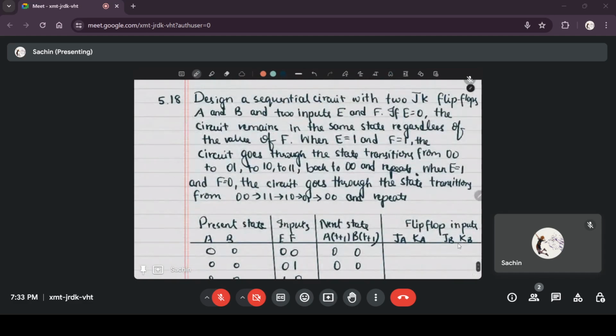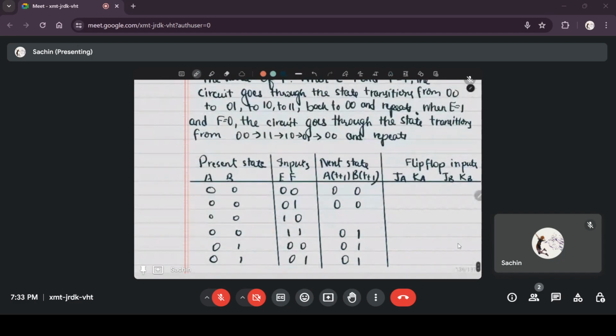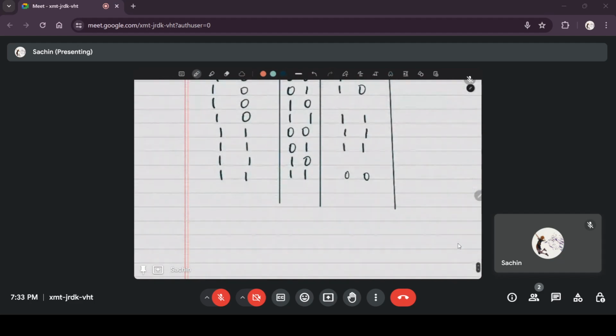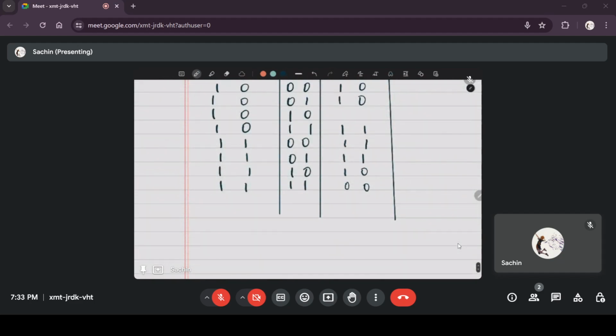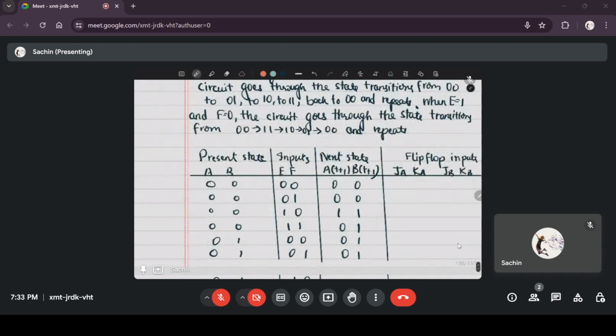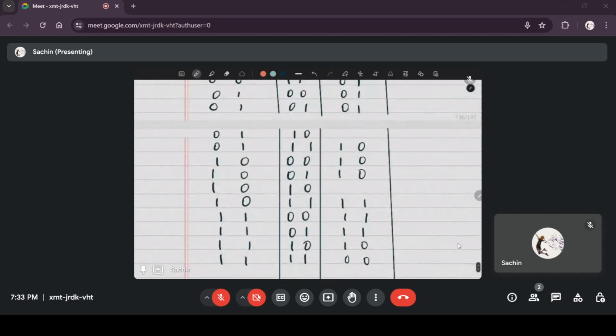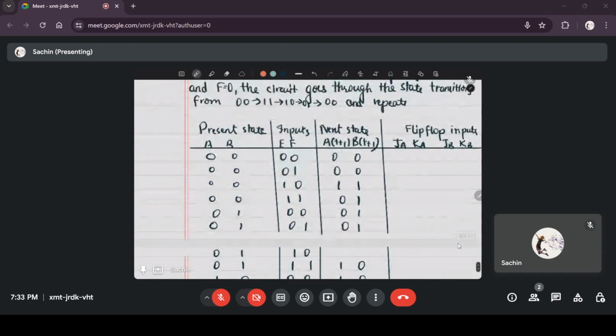And when E is 1 and F is 0, the circuit goes to a different cycle. From 0 0 it will go to 1 1, and then from 1 1 it goes to 1 0. From 1 0 it goes to 0 1, and from 0 1 it goes to 0 0. So that's the state table.